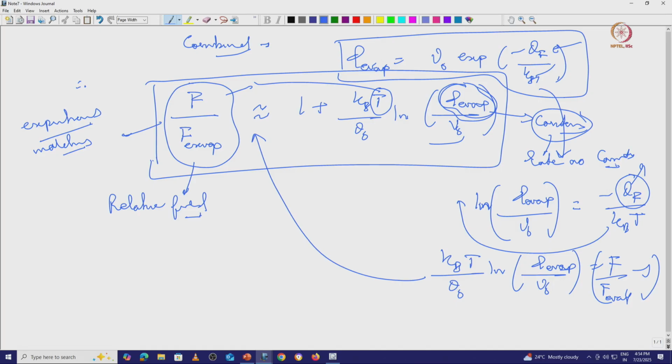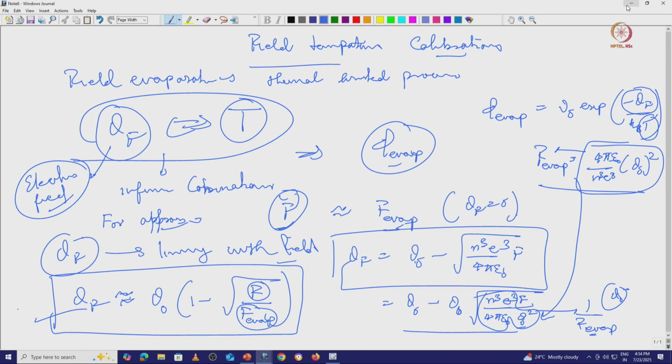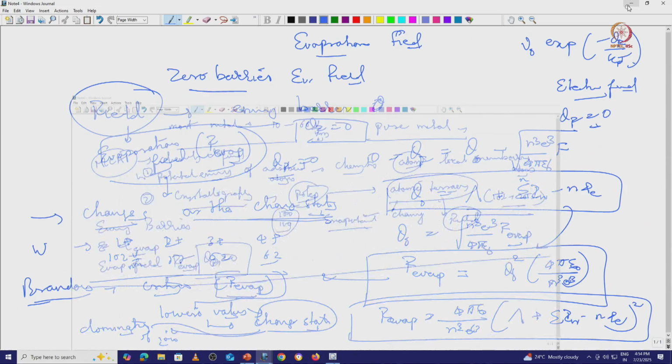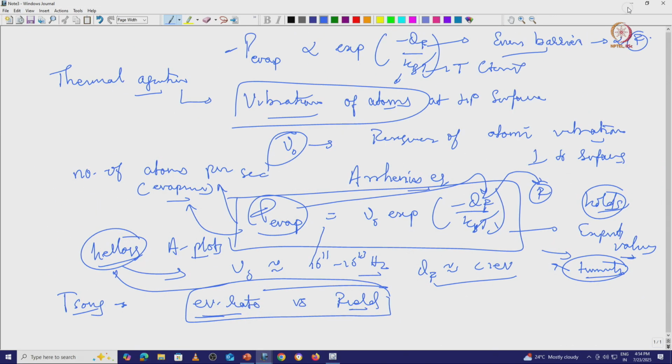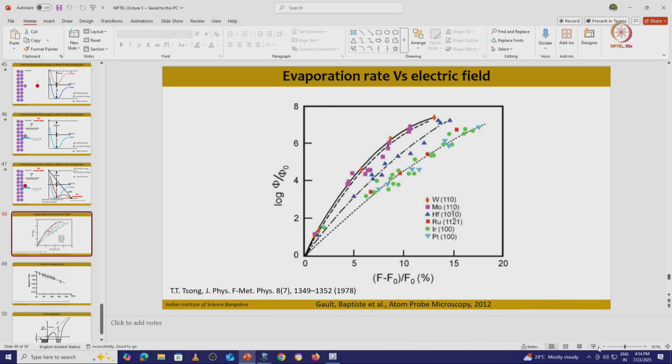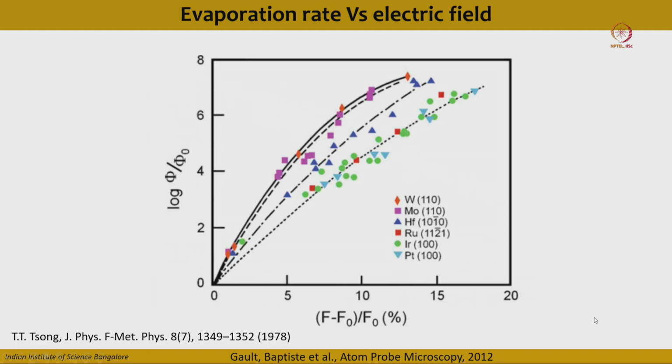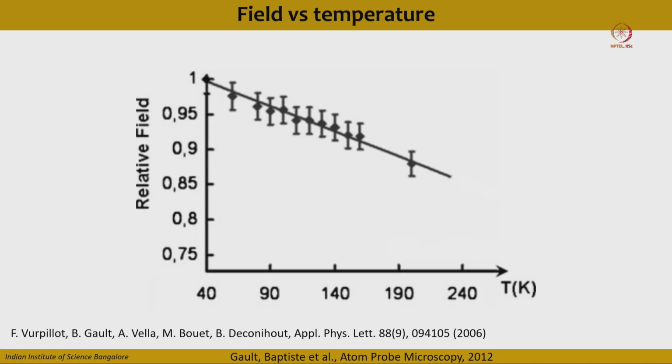Okay. Based on this you can see the plot by Francis, which he has published in APL, where this is the relative field, F divided by F evaporation field, and this is your temperature.